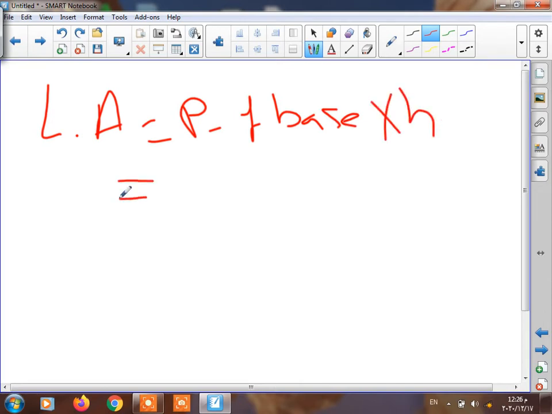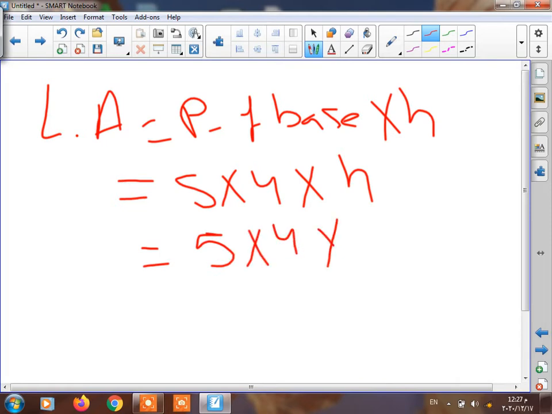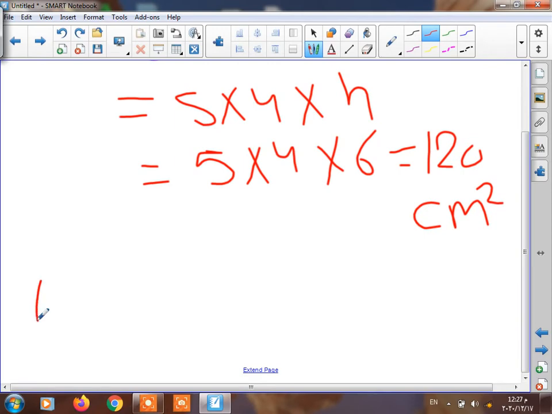But the base here is a square, so we can write the rule of the square, side times 4 times height. And he said that side equals 5 centimeter and the height equals 6 centimeter. So we have 20 times 6 equals 120 centimeter square.